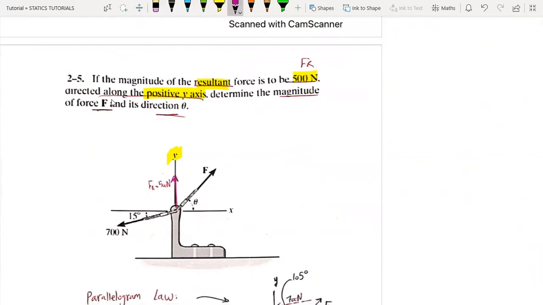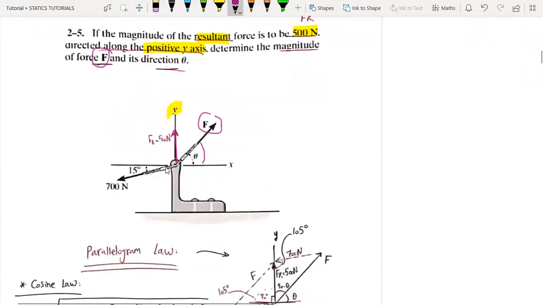Determine the magnitude of force F, which is this force, and the direction theta. So we can move this force using the tip-to-tail rule, in this direction. So here is our triangle, and we should find the angles and then use either sine or cosine law.